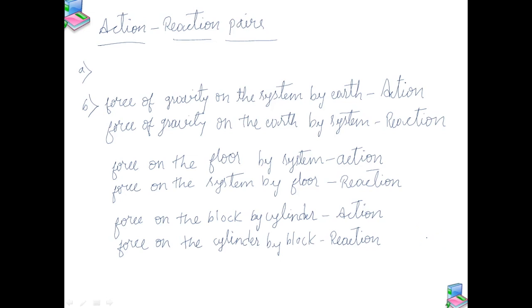So the important thing to remember is that an action reaction pair consists of mutual forces which are always equal and opposite between two bodies. Two forces on the same body which happen to be equal and opposite can never constitute an action reaction pair. So the force of gravity on the mass m in A or B and the normal force on the mass m by the floor are not action reaction pairs because they are acting on the same body.